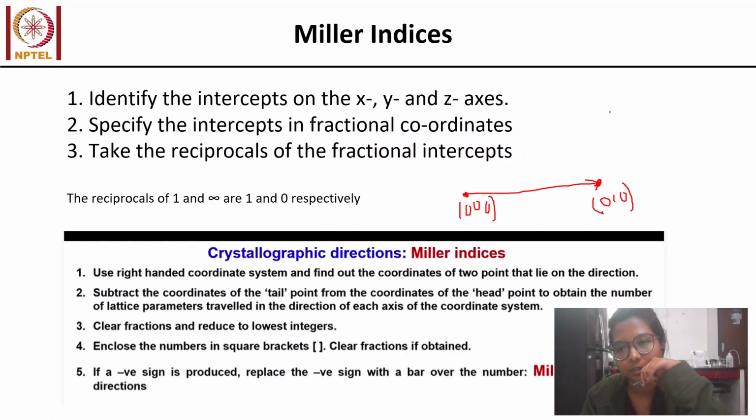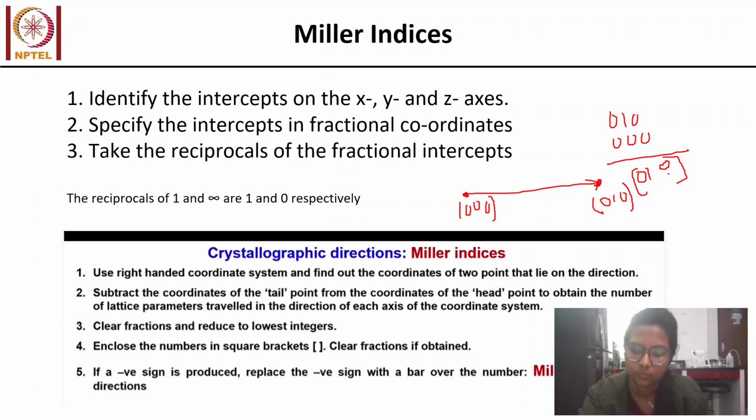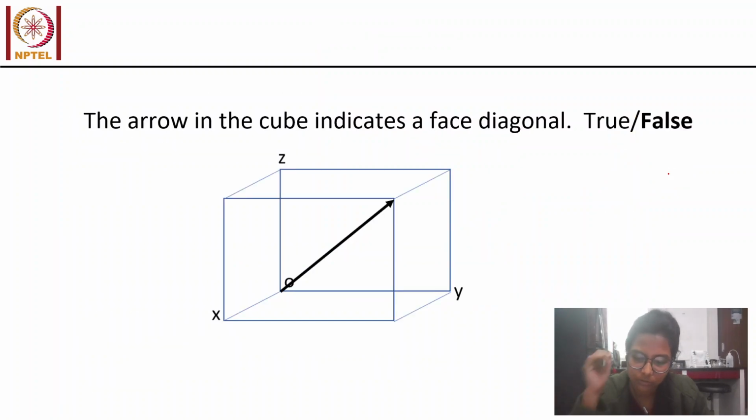If we subtract the origin, we will get 0 minus 0, 0. These are my zeros. 1, 0. So this is the 0, 1, 0 direction. So this was the first question.